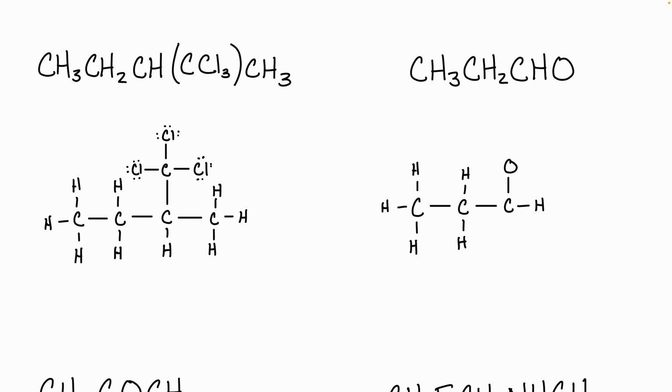My carbon's not happy, my oxygen's not happy. I can't just add more atoms on there, but what can I do that's going to satisfy the octet rule for both of these? Double bond, right? So that higher order bond I know is going to satisfy my octet rule. Remember, rule number one's rule number one for a reason. You need to make sure that the structure that you draw at the end of the day has your satisfied octet rule. And I'm going to be good and put in my lone pairs as well.